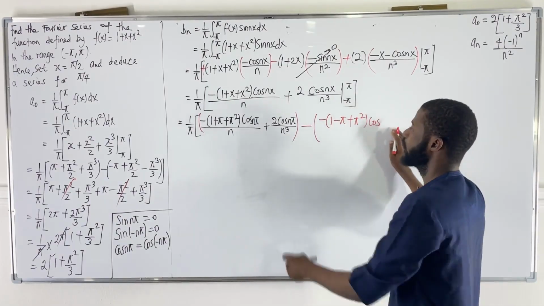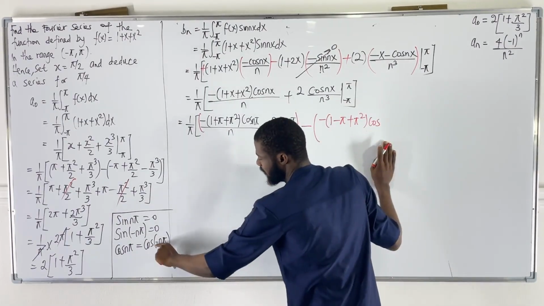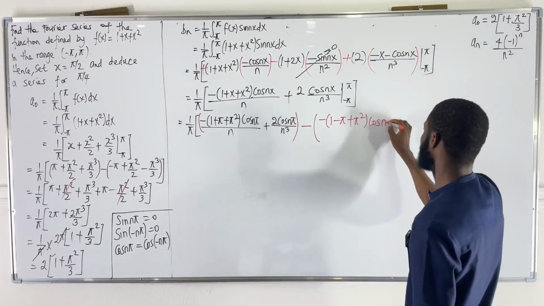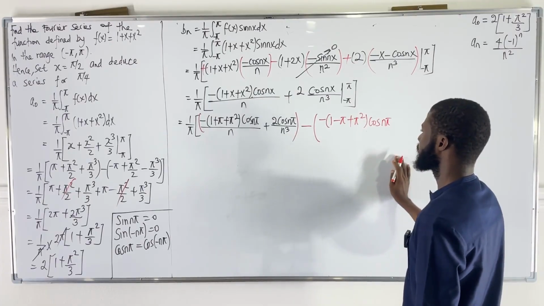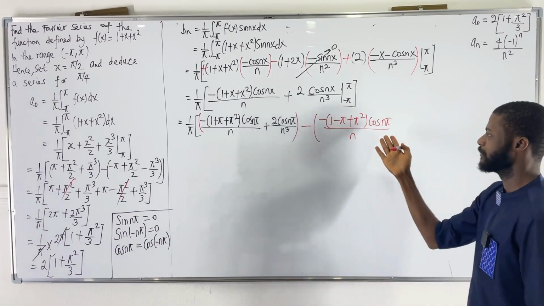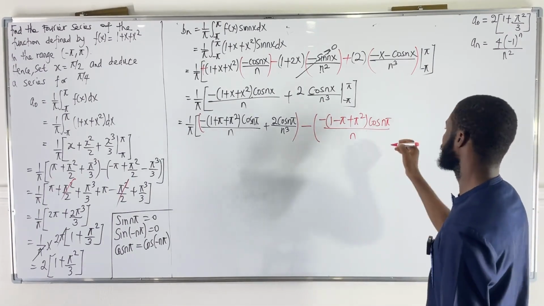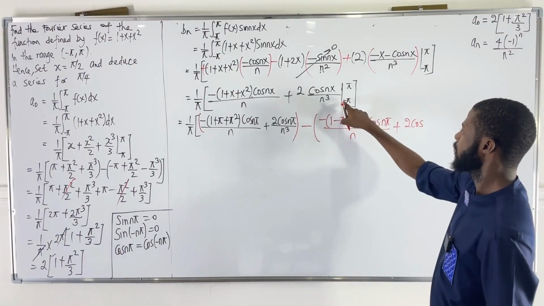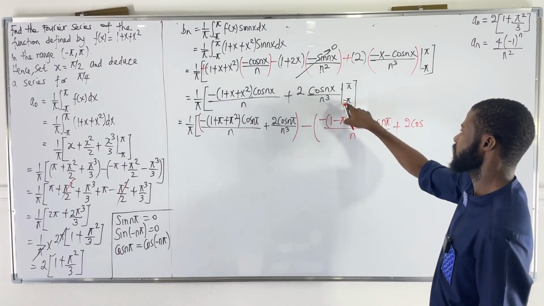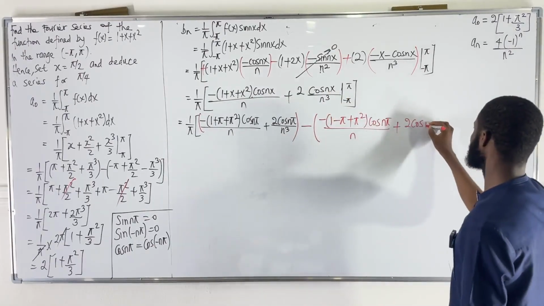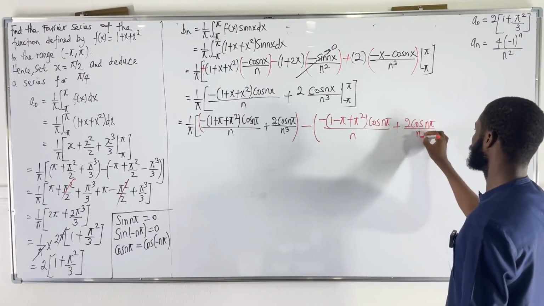And then cosine, remember that even if you put a negative, it's still the same as putting the positive for cosine. So this is cos n pi over n. Then plus 2 cos. Next, this is minus pi, but the minus is still the same as the plus. So this will be cos of n pi all over n cubed.